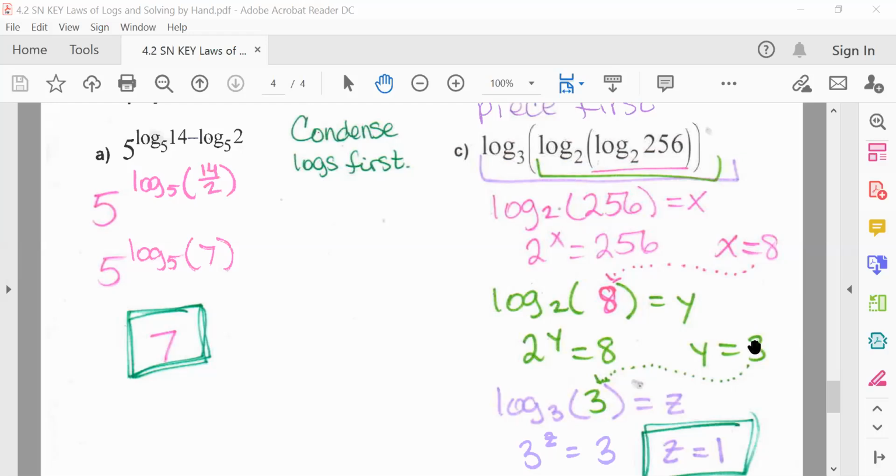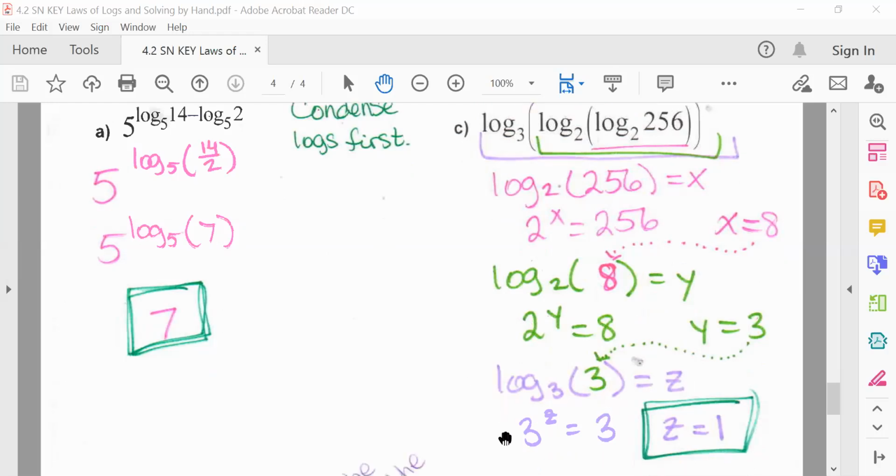Okay, now we know all this inside stuff that's underlined here in green is equal to 3. So we're going to start on the outside again, the next piece, which is the last one, log base 3 of whatever we got for all of this stuff, and that's 3. Log base 3 of 3, and we're going to call it z.